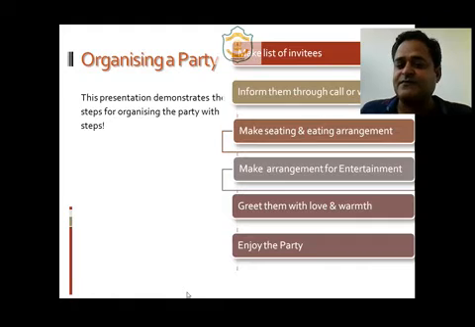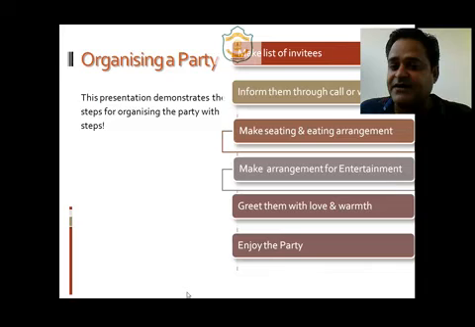You can notice that. Now the second last one is greet them with love and warmth. So that will make sense. Organizing a party will make sense when we greet our guests with respect, with love, with warmth, so that they feel better, they feel happy. Then only they can enjoy our party. And this is what our intention is. Whenever we organize a party, it is just to make our guests feel better.